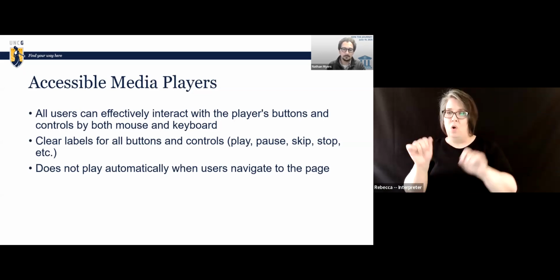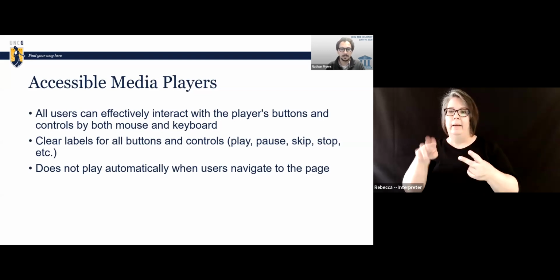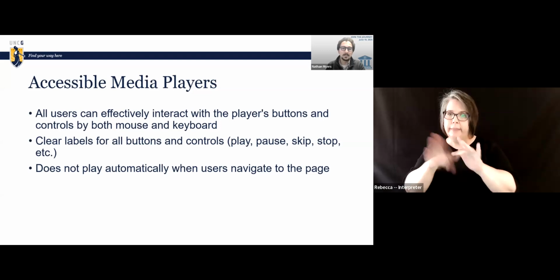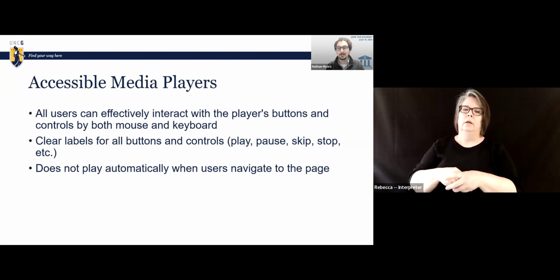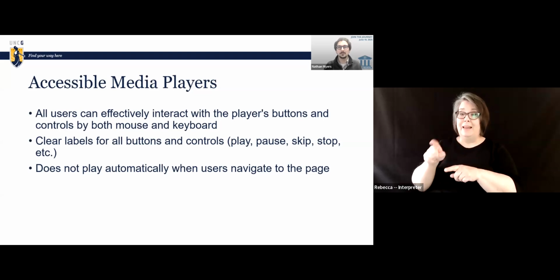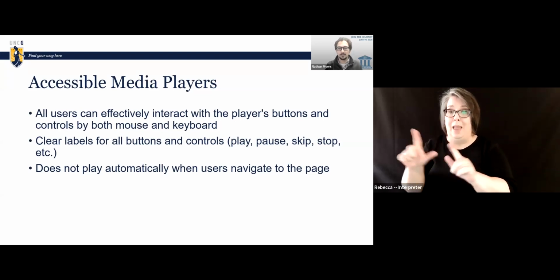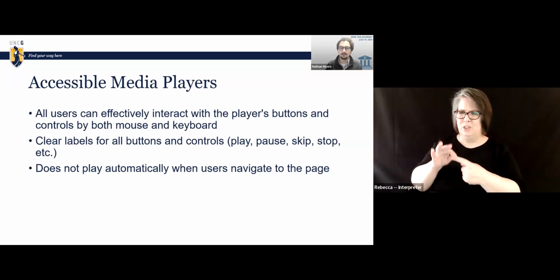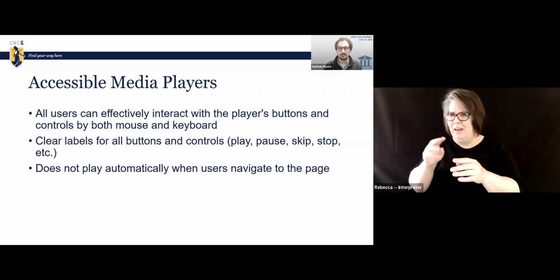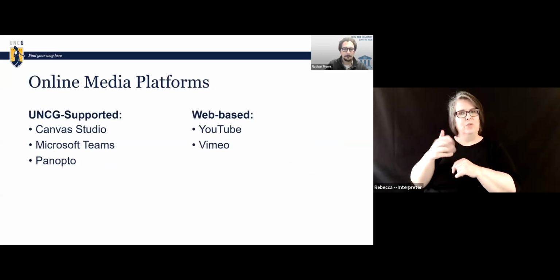All the player features need to have clear labels like play, pause, stop, the CC button. And then another key feature is that your player is not going to autoplay. So when you come to a page, it's not going to start going automatically. That can be frustrating for anyone, but especially someone who might need to navigate via keyboard navigation to try to turn that off. So that's one other thing to keep in mind.